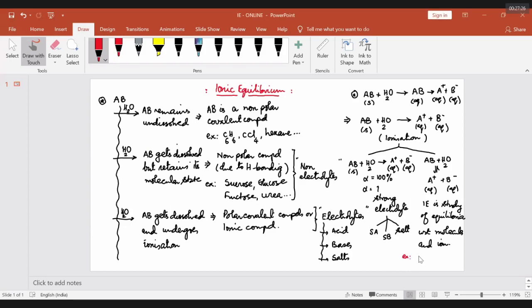Examples of weak electrolytes: weak acids, weak bases. Don't write salt here. Salts are basically strong electrolytes.